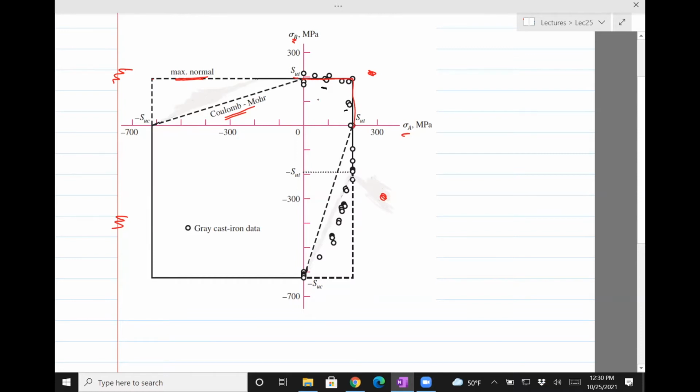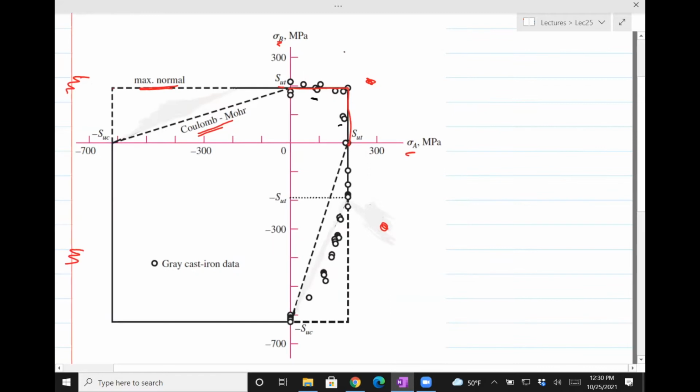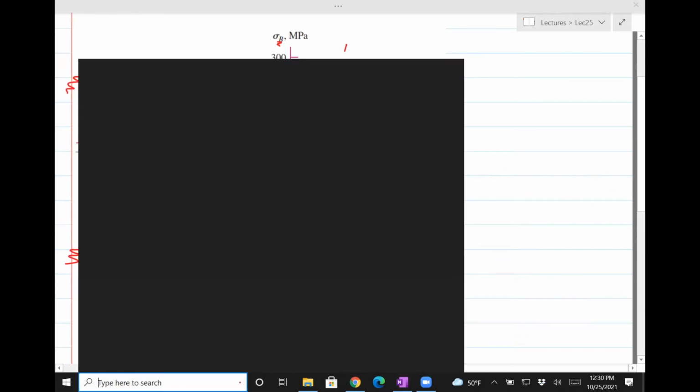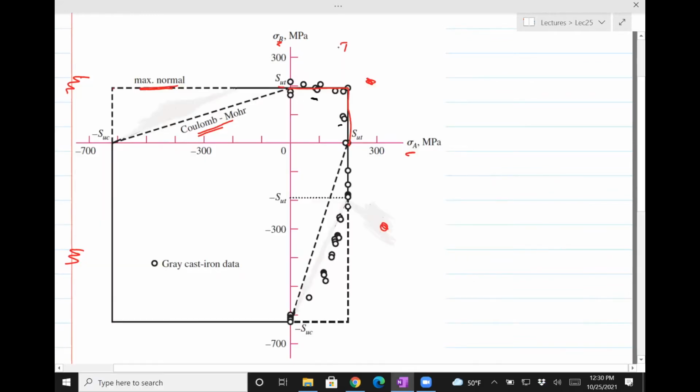So in the first quadrant, both those theories agree with each other, and the data agrees too. So we are good in the first quadrant. This is the first, this is the second, this is the third, and this is the fourth. That's the usual naming convention for quadrants.